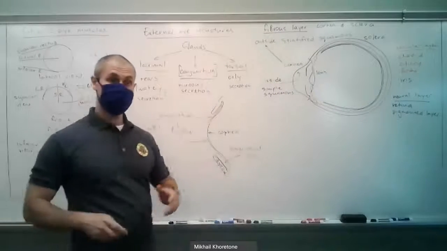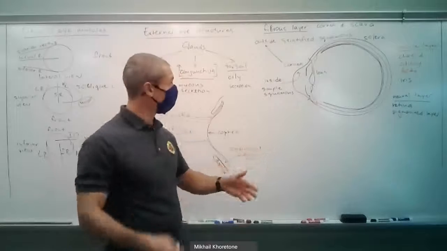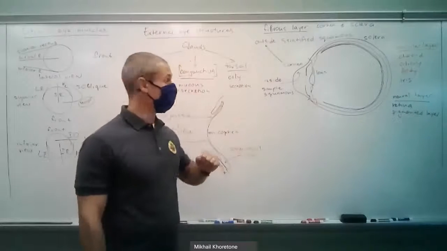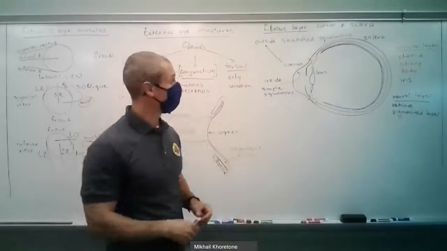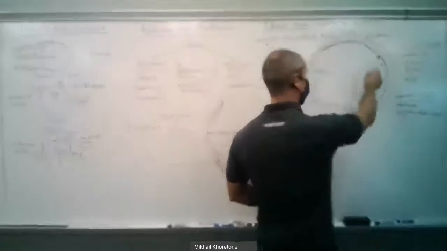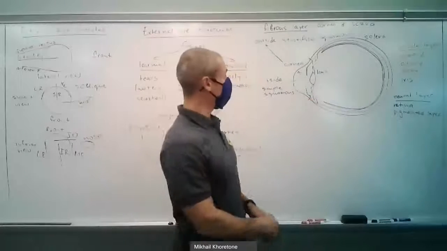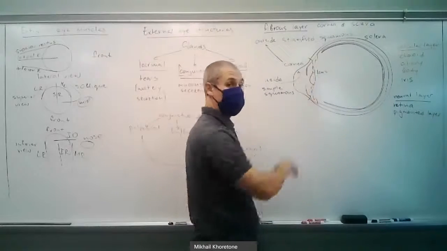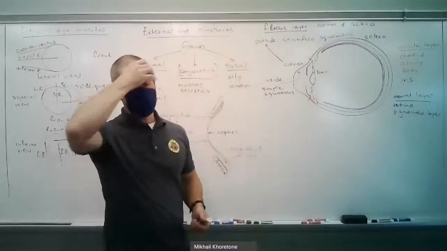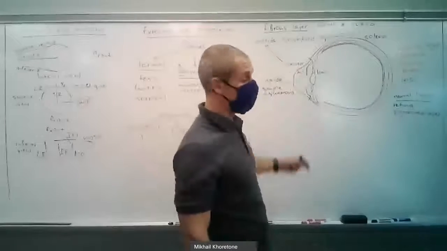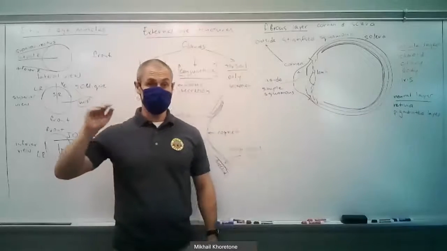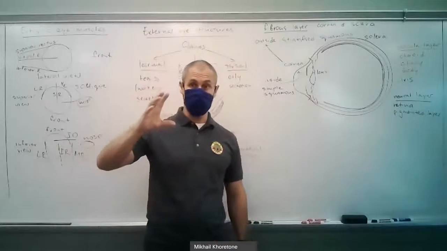Sclera and cornea. Sclera is structural support. Cornea is the refractive structure. In the vascular layer, the choroid supplies blood. The ciliary body, among other things, regulates the shape of the lens, allowing you to focus. And the iris controls the amount of light that gets in the eye by constricting and dilating.